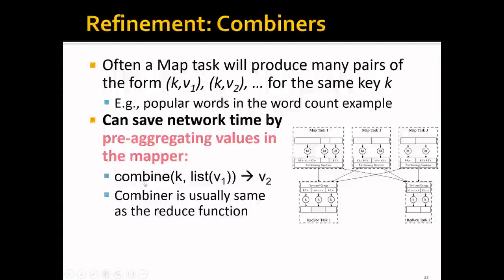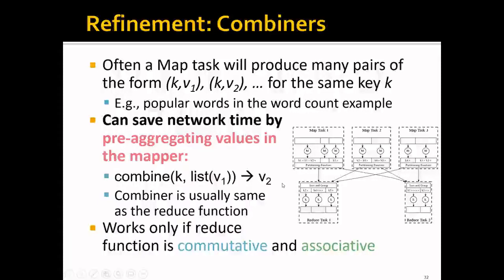The input of the combiner would be the key and the list of values, and the output will be just the values. In the word count example, you will just take the list of the values and sum them up. And one caveat is that the reduce function is supposed to be commutative and associative for this to work.